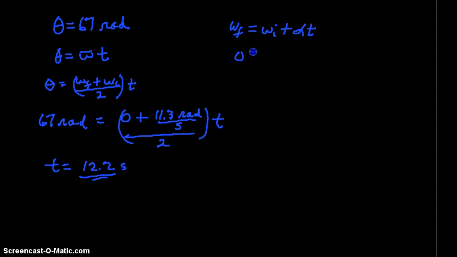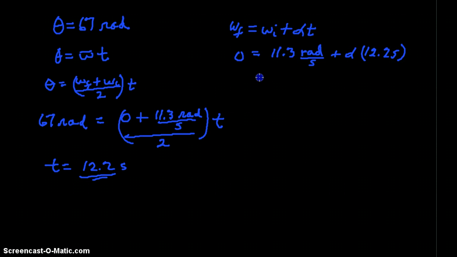So this was 0. This was about 11.3 radians per second. And you're looking for alpha. And now you know the time is 12.2 seconds.